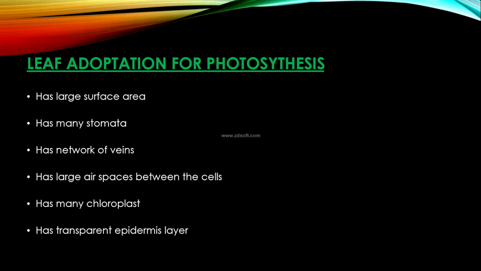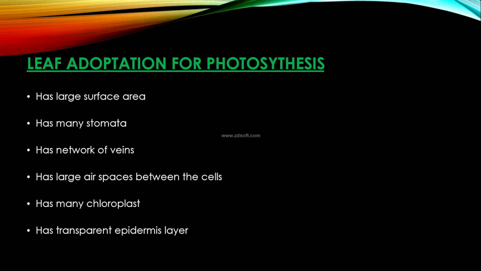Large air spaces are there to allow rapid diffusion of carbon dioxide to all photosynthesis cells. And many chloroplasts are there to absorb light for photosynthesis, and also a transparent epidermis to allow light through, as I mentioned on the previous page.